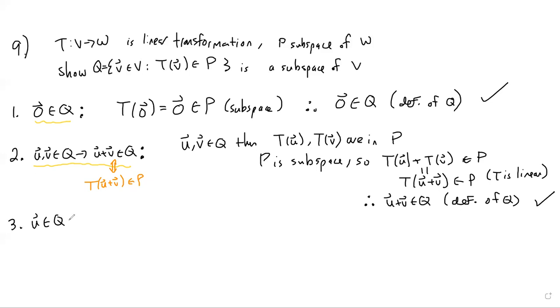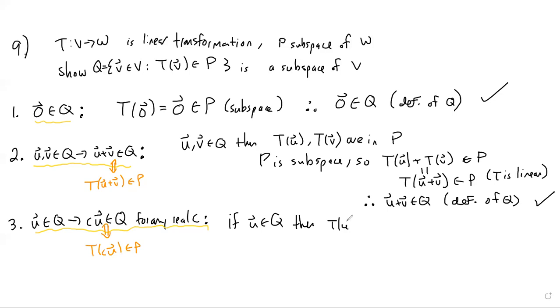If U is in Q, then CU is in Q for any real C. So I'm going to suppose that U is in Q. And my goal here is basically going to be the same thing as showing that T of CU is in P. That's that definition of what it means to be in Q. So if U is in Q, then again, by that definition, T of U is in P. And because P is a subspace, that means that C times T of U, right, I can multiply anything that's in P by a constant, is in P.